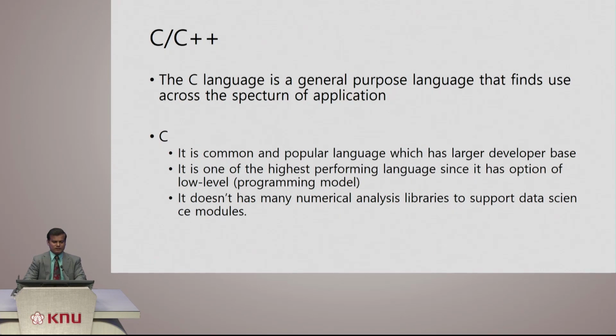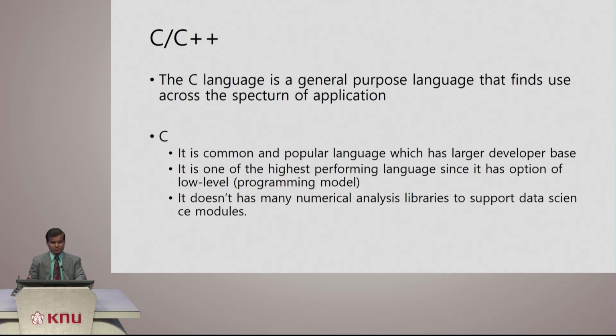So let's see what this language has to offer. We know that C is a general purpose language, but it has a very strong background because system programs can also be performed using C. In fact, low level tasks can be easily performed using C. So that's one of the advantages of C.